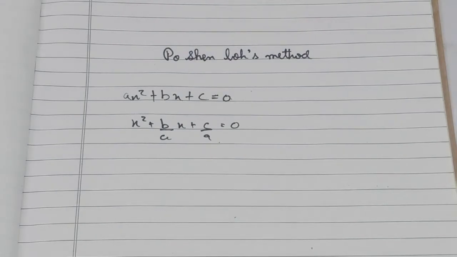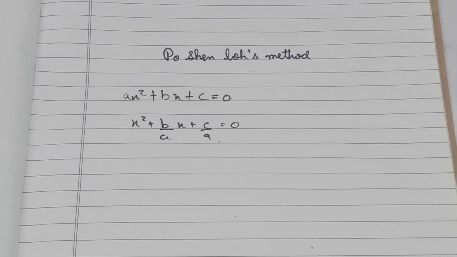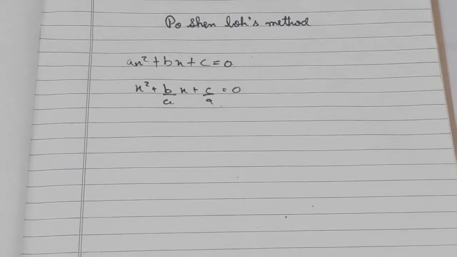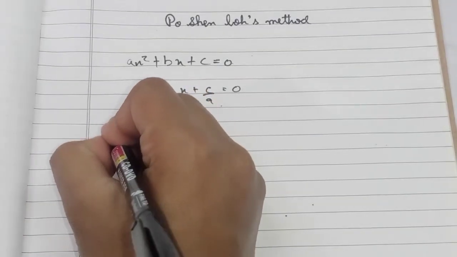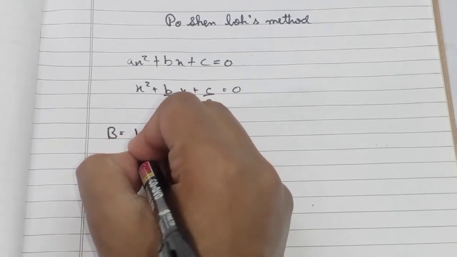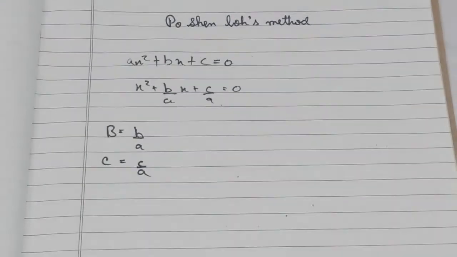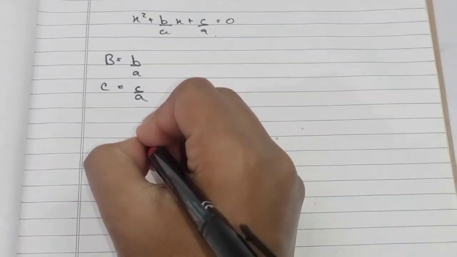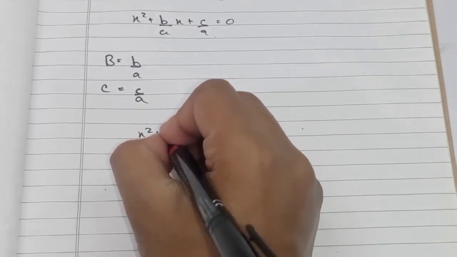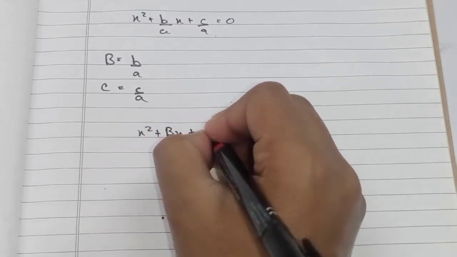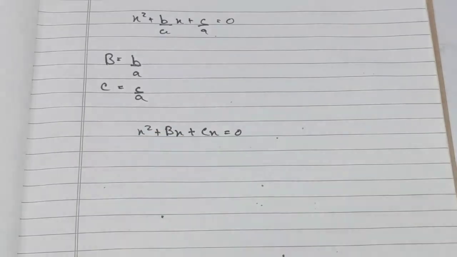Now since we have b upon a and c upon a, let's replace them by capital B and capital C, just to make it clean. So capital B is equal to b upon a and capital C is equal to c upon a. So this is x square plus capital B x plus capital C equals 0, like this.